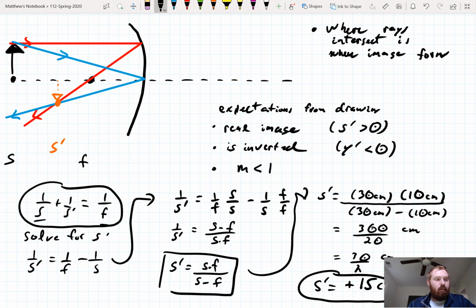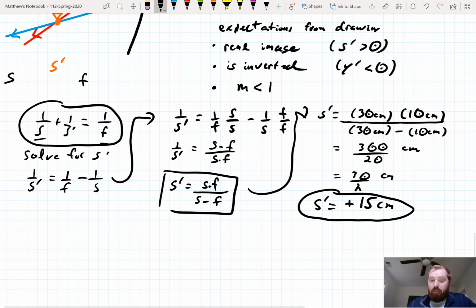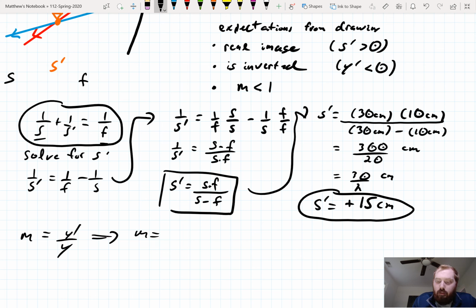All right. So now let's get that magnification. Definition: magnification is y prime over y. Don't bother solving for the image height. I didn't ask for it. So instead, just go to M is minus S prime over S. In fact, we'd have to use this equation to get y prime.